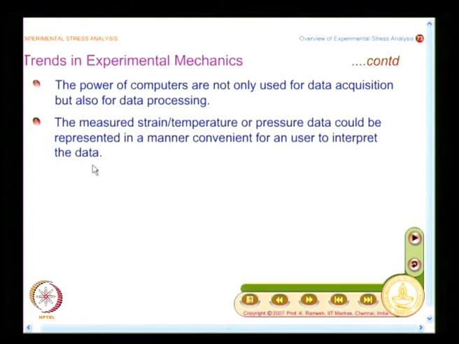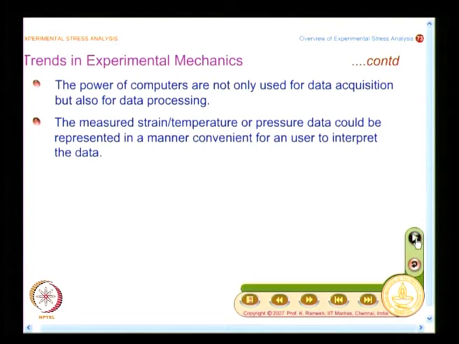This is not only for techniques like image correlation; even with strain data, suppose I have a multi-channel system with strain data at several places, I would like to see a visual representation even for point information. So, with colors, you are able to react better. This you have been doing only in numerical techniques, and it can also be done in experimental techniques with the availability of computer processing.